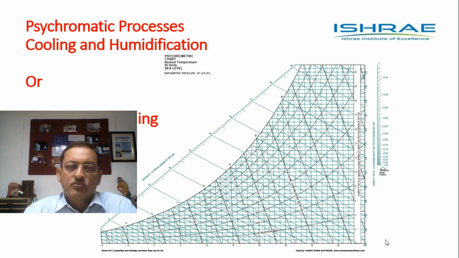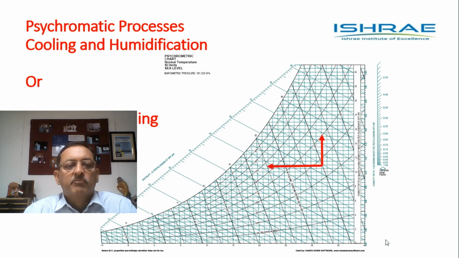Now we could do cooling and humidification together, and a process for that is evaporative cooling. In summer season, in many parts of India, evaporative cooling is done. Evaporative cooling is very popular, particularly in the case of industrial cooling or in poultry farm cooling or in dairy farm cooling.